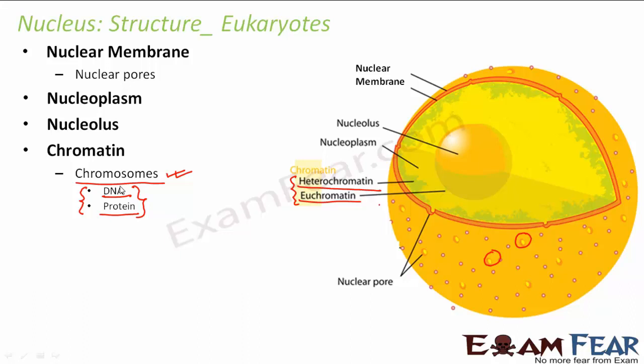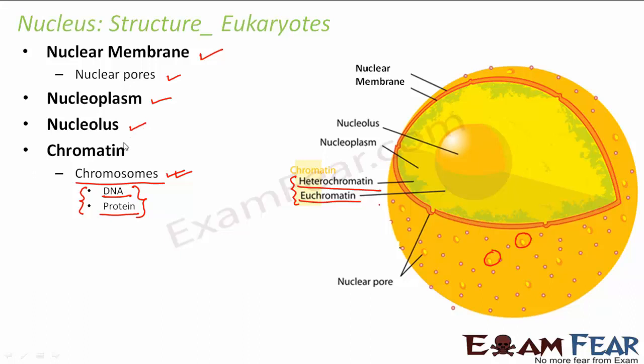So, a quick review: the outer side is the nuclear membrane. On the nuclear membrane you have small pores, called nuclear pores. Inside the ball you have a fluid filled everywhere, that is nucleoplasm. In that nucleoplasm you have, at the center, another small ball, that is the nucleolus.